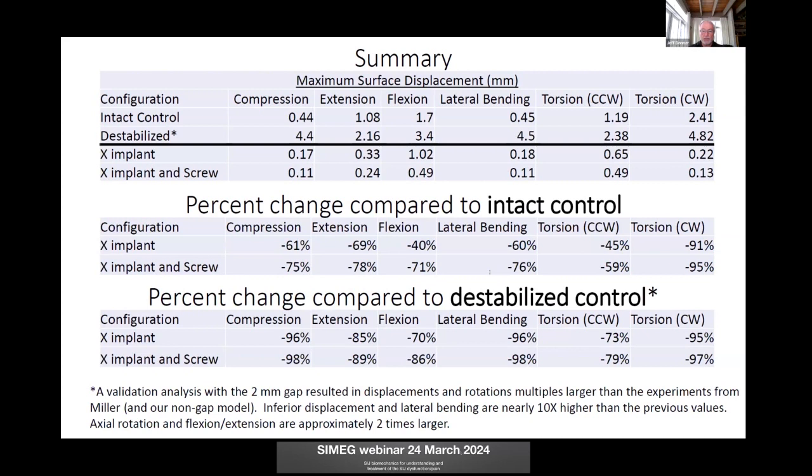Then if you add the screw, you get additional motion reduction in that mid portion of the table. If you compare it to the destabilized control, you can see it's even dramatically more stable by adding the X implant by itself. And then obviously the screw will give you some extra advantage.